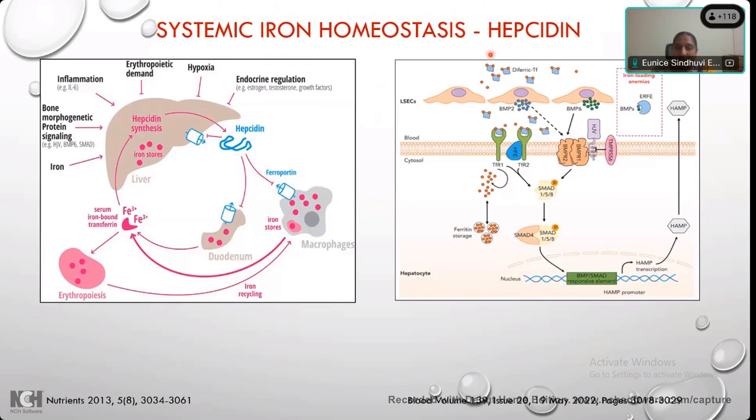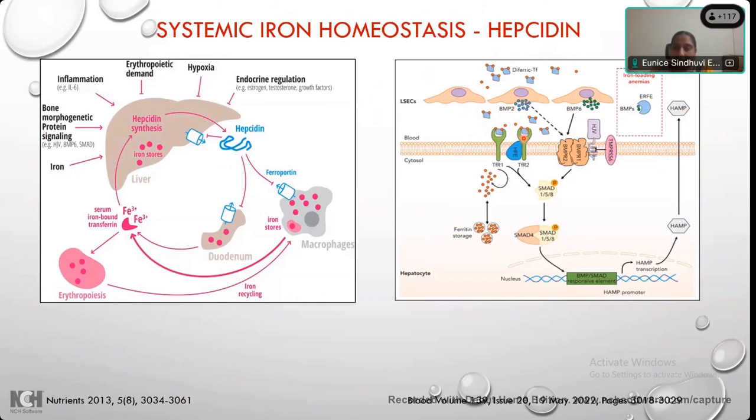Systemically, hepcidin is the central regulator of iron homeostasis. So what happens when there are high levels of iron? Transferrin receptor 1 is the main iron receptor, but there is also transferrin receptor 2. When transferrin receptor 1 gets saturated, the iron binds to transferrin receptor 2 also.